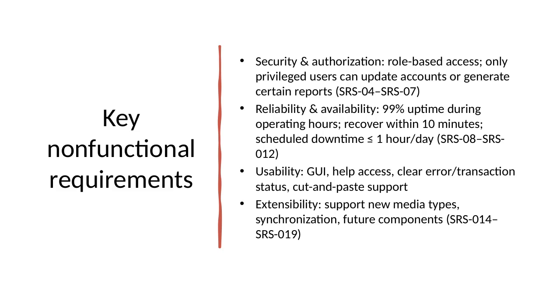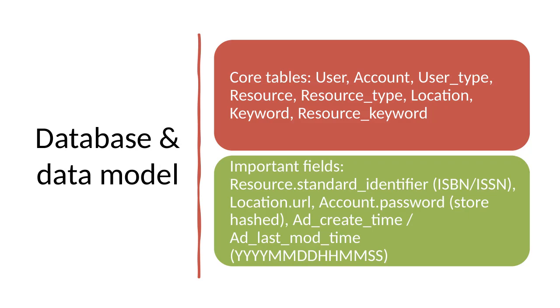Let's move to the next slide where we will discuss the database and data model overview. Now let's focus on the database and data model, which are essential for organizing and managing all the information within the digital library system. This involves designing how data about books, users, and staff is stored and related to each other in the system. The development team works closely to define the structure, ensuring it supports efficient searching, updating, and reporting.